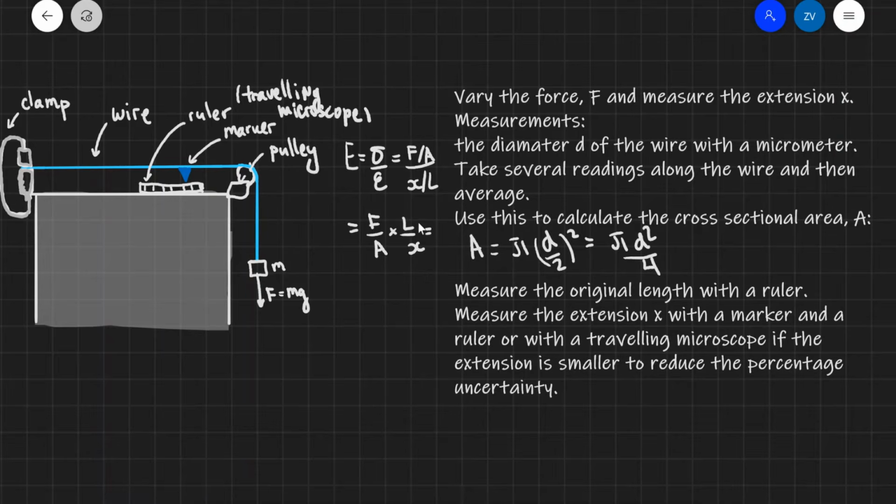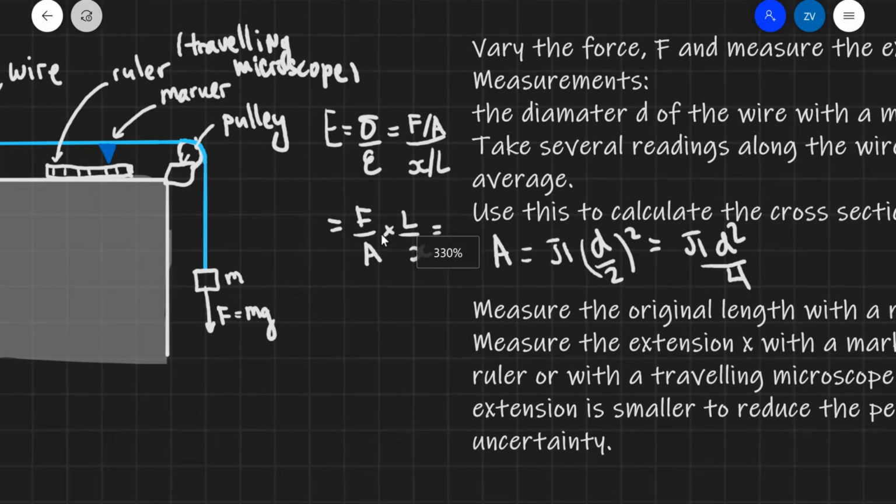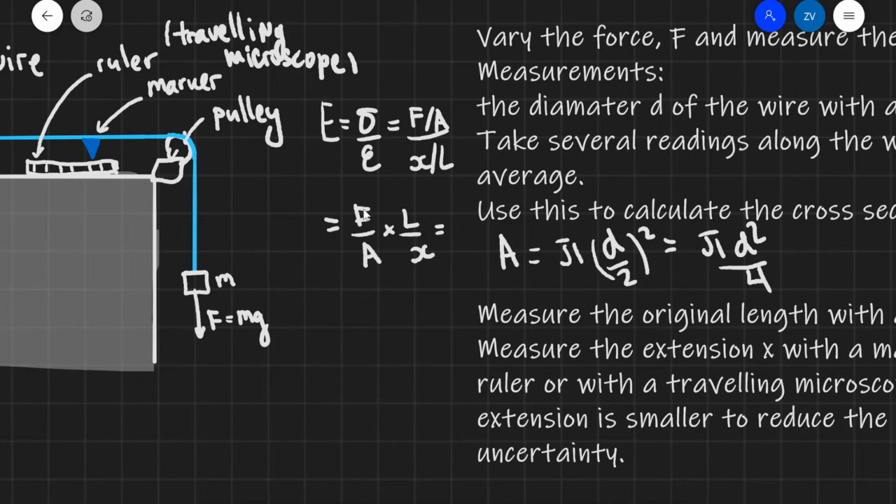So just to summarize, we have the force F over here that we're going to measure just using mg. L over here will be our original length that we're going to measure with a ruler. A is our cross-sectional area. We're going to measure the diameter with a micrometer, and X over here is our extension that we're going to be measuring with this setup over here.